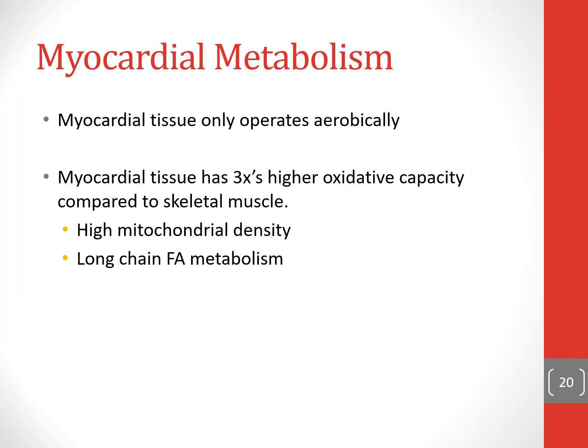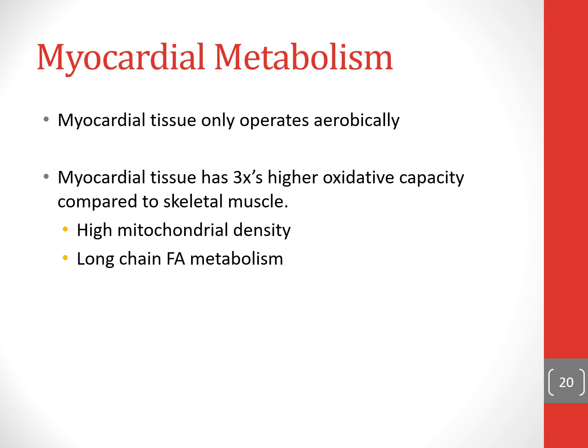So again, as previously mentioned, the myocardial tissue only operates aerobically, so we absolutely need oxygen in order for metabolism to occur. The myocardial tissue is excellent at extracting oxygen from the coronary arteries. It also has 3 times higher oxidative capacity compared to skeletal muscle.